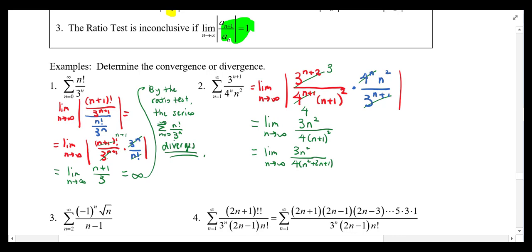Do I really need to worry about this? No, because using the n behavior model, hope you remember that the limit as n approaches infinity just becomes 3n squared over 4n squared. That's just 3 over 4, which happens to be less than 1.